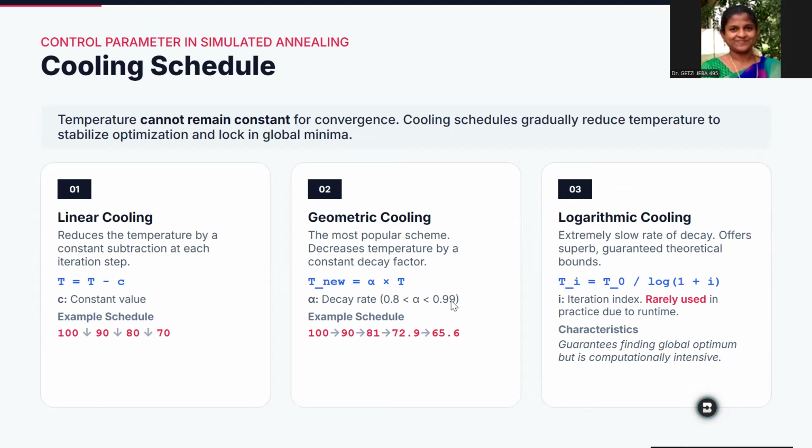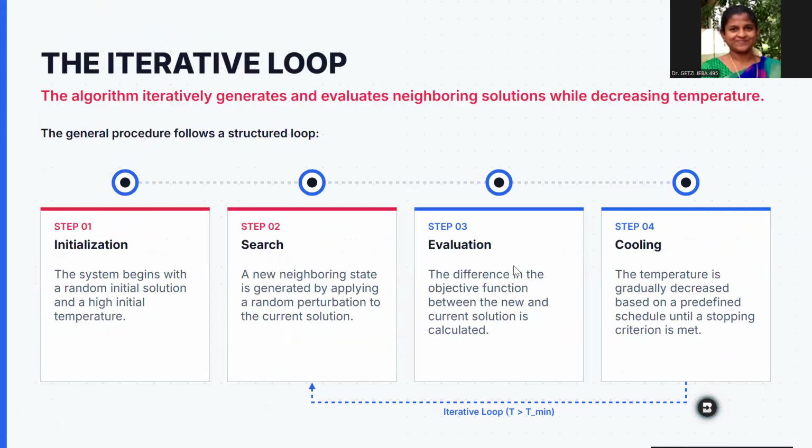And logarithmic cooling uses the iteration index, so it is rarely used due to its runtime complexity. We say that the new temperature is the old temperature divided by log of 1 plus I. So it is computationally intensive, so we rarely use it. These are the three types of cooling schedules.